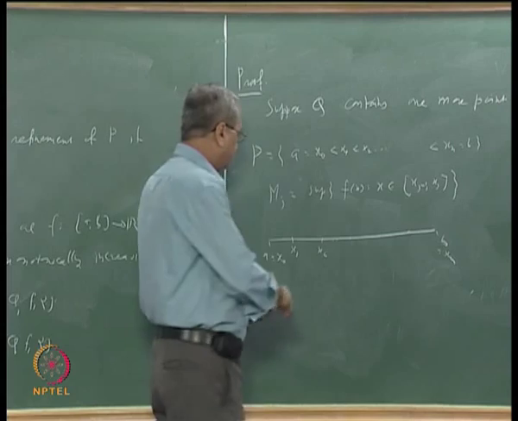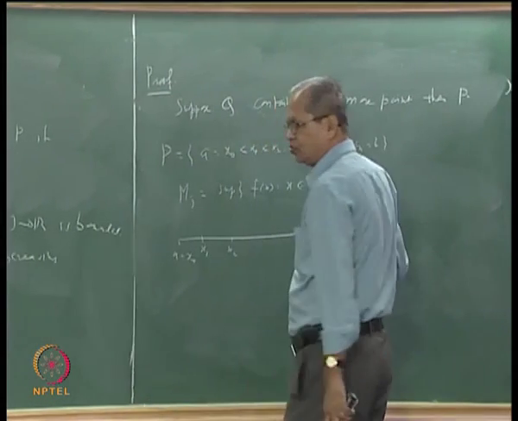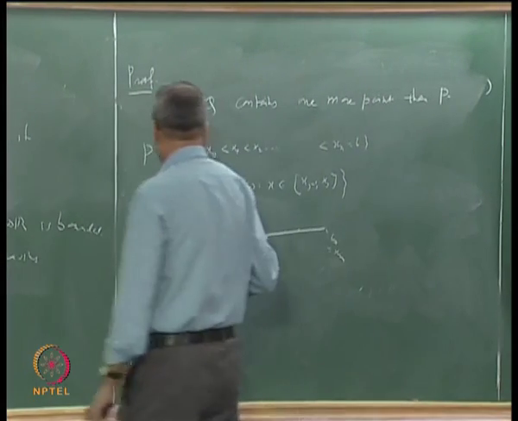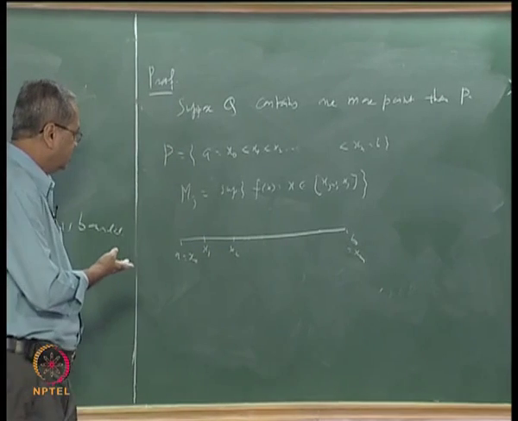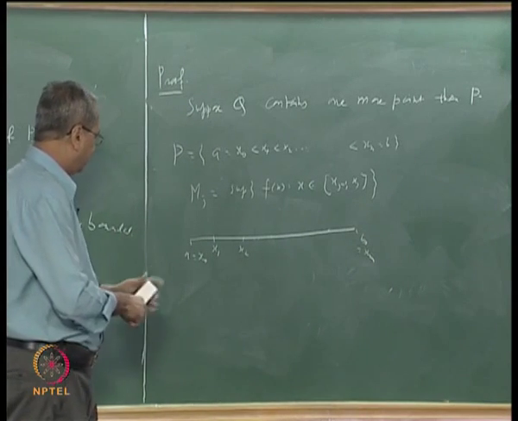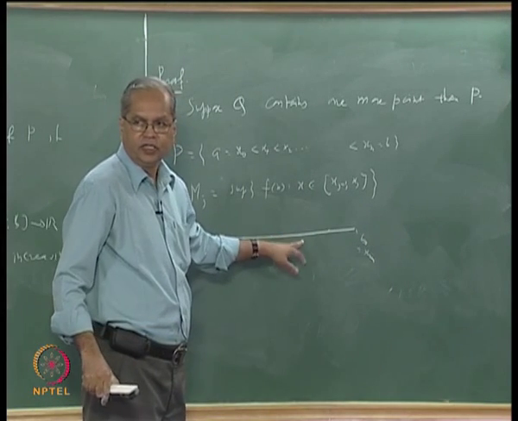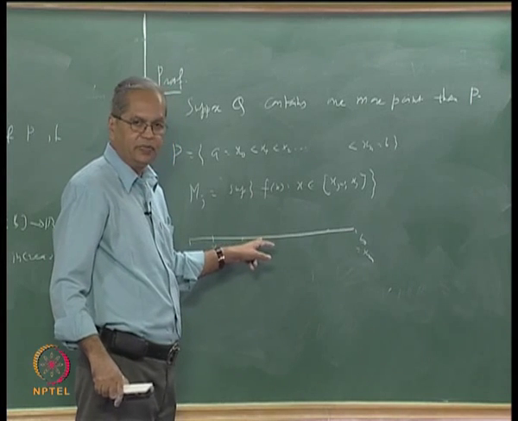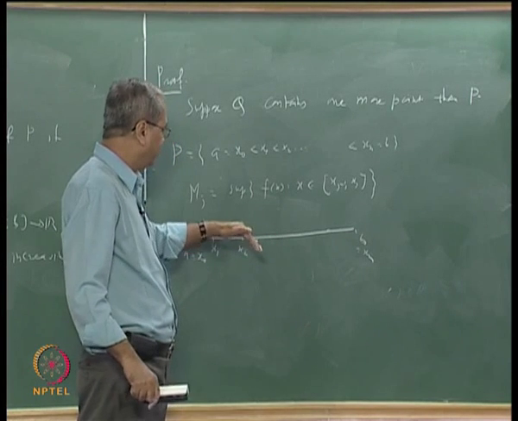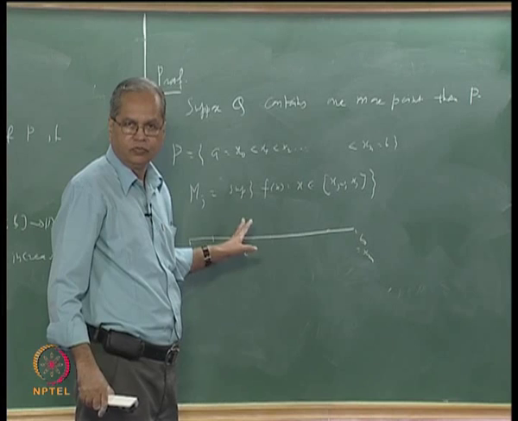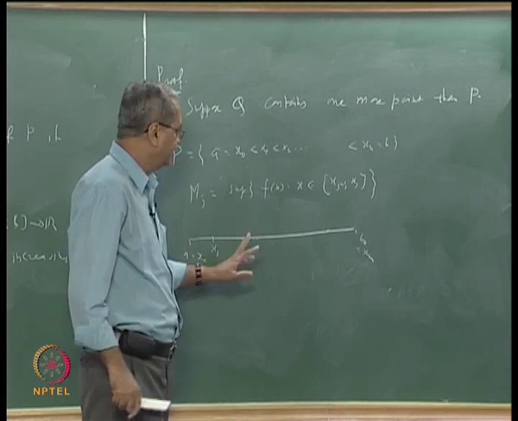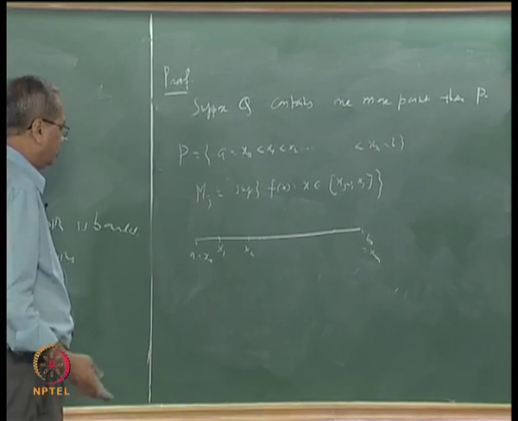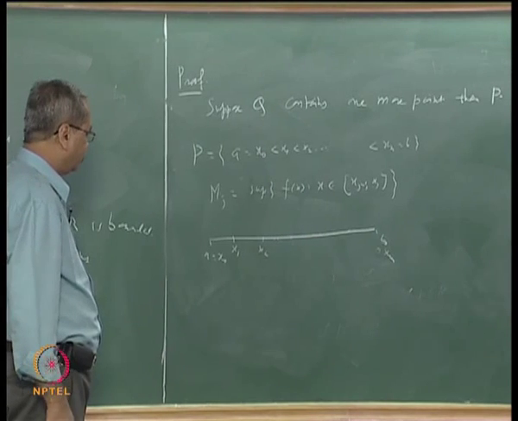That point has to be different from all these points x0, x1, x2, xn. So it cannot be a, it cannot be b, and it cannot be any of the x_{j-1}. So it has to lie properly in some subinterval. Let us say that point is T.